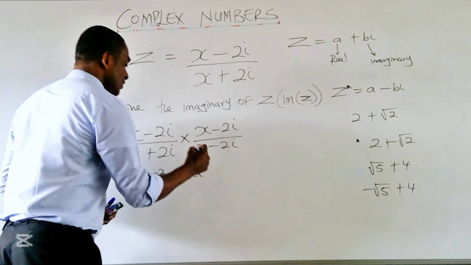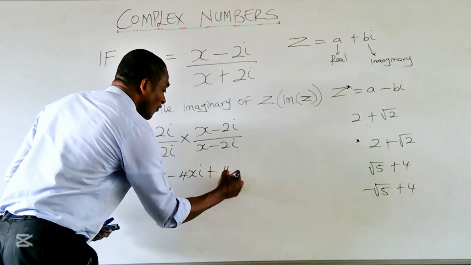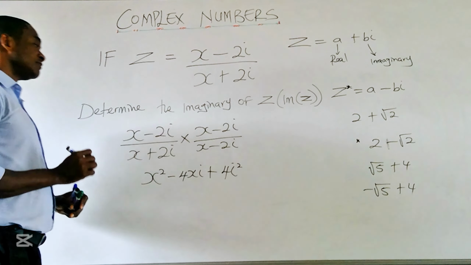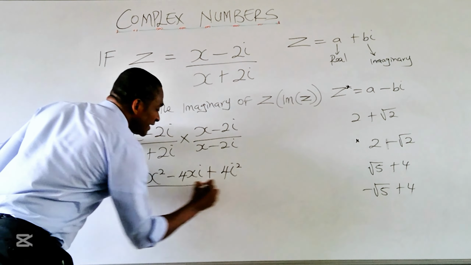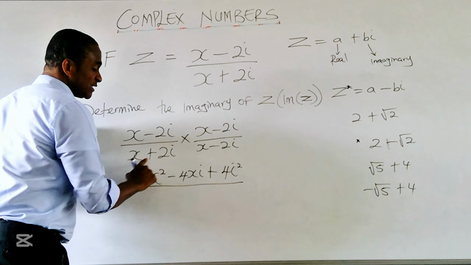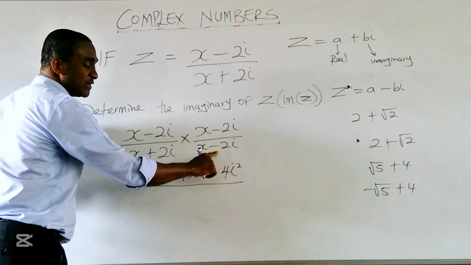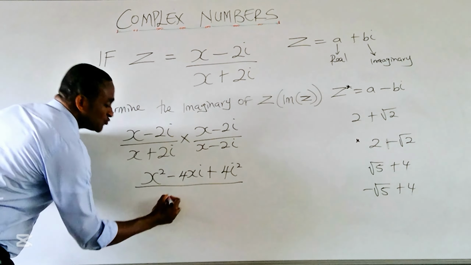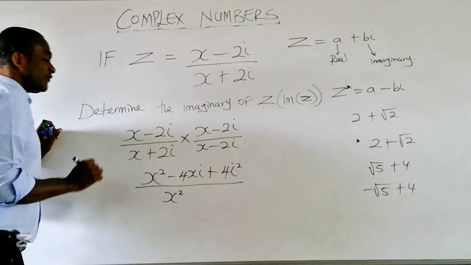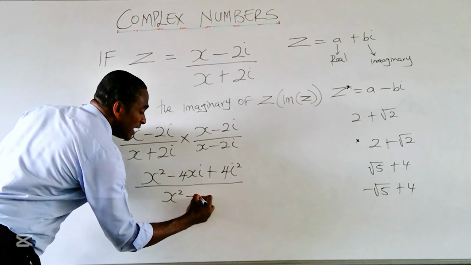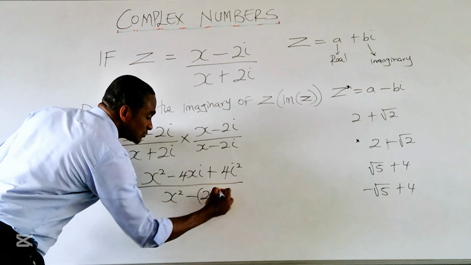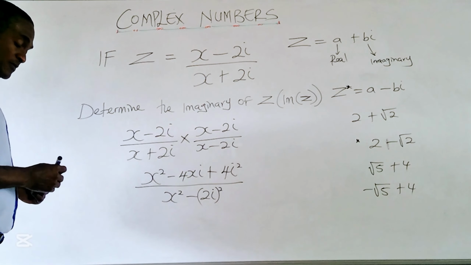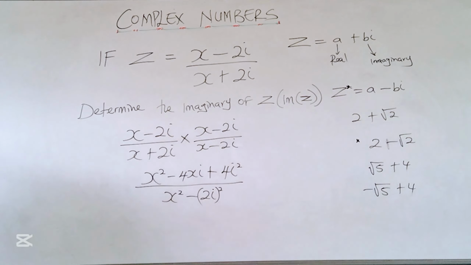Then we have plus 4i squared. All divided by what we have in the denominator, the difference of two squares. It is the same, but with a change in sign. So if we simplify, we have x squared minus 2i all squared.